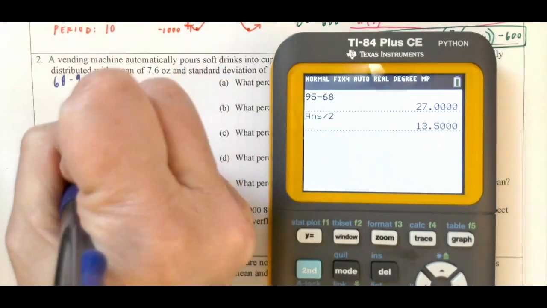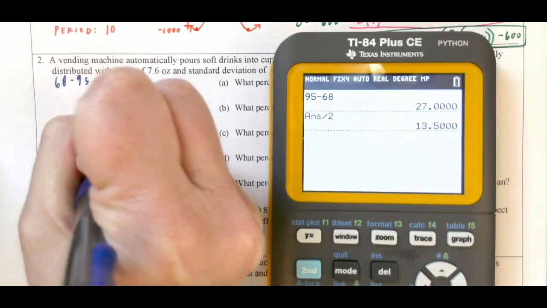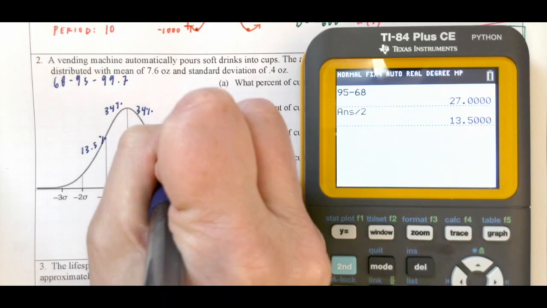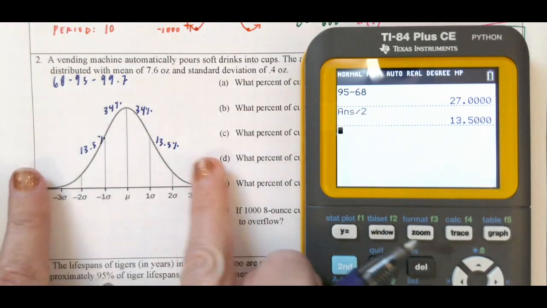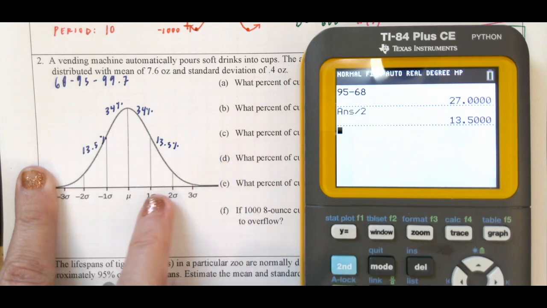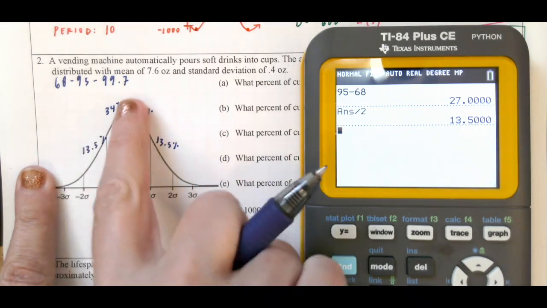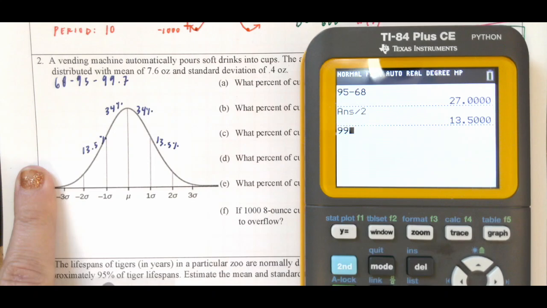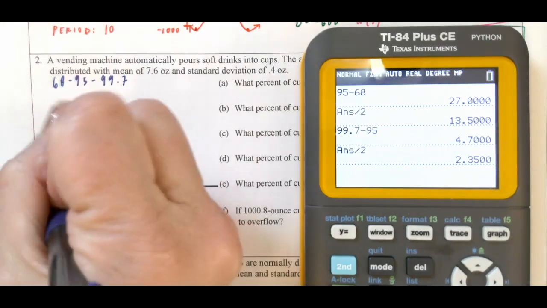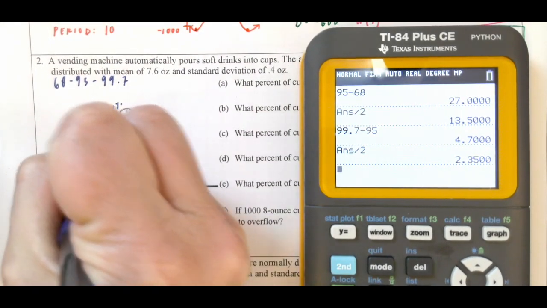So here I have 13.5% in these two regions. Go out to here. This is 99.7, but I need to subtract that 95. I take that 4.7, divide it by 2. Here's 2.35%.